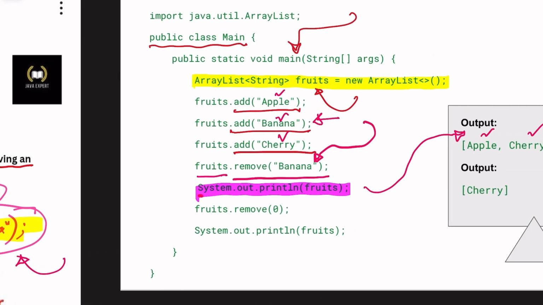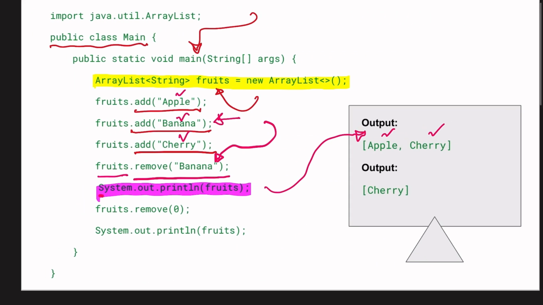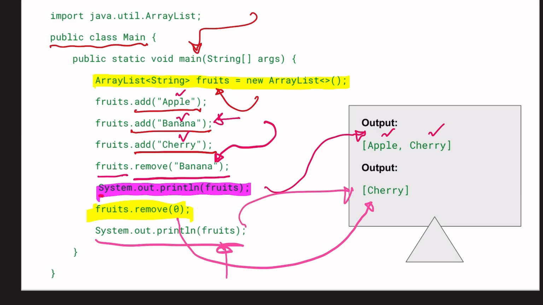Okay, another method I have told you, remove by index value, which we have seen here. I have shown that also in the code here, like fruits dot remove 0. It means that we are removing the element which is at index 0. Okay, let's see what is remaining on the output screen, because we have written system.out.println fruits. Now that is printed on the output screen.